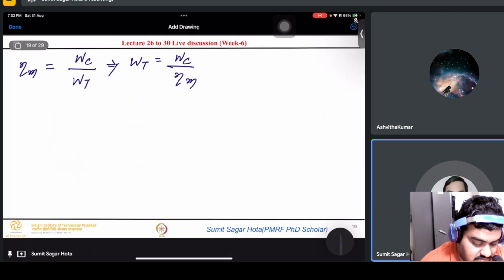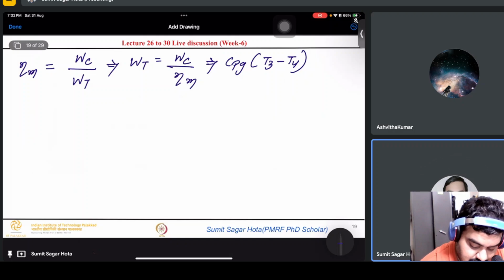Then substitute the value for the turbine work: Cp for the gas, and the turbine is from 3 to 4, T3 minus T4, is equal to Cp of the air. Wherever the position of the turbine, there the Cp value is different, because the temperature is different at that position.